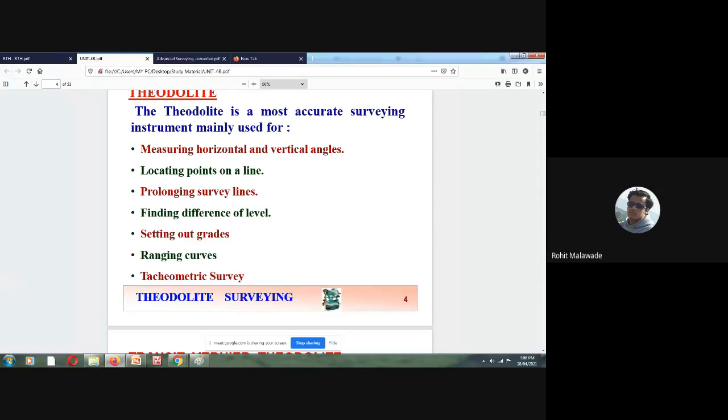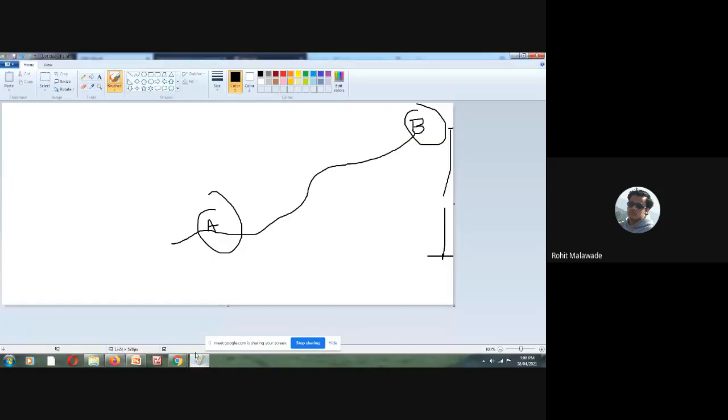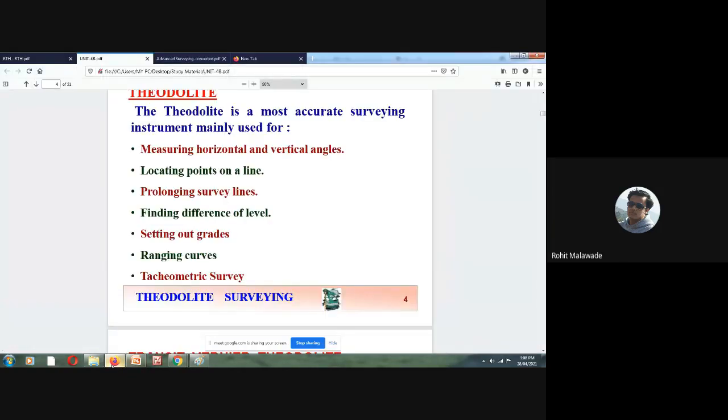If I want to range a curve, suppose this is a road and I want to change the alignment, so if I want to set a curve, now this is a curve, for setting this curve also we will be using the instrument called a theodolite.